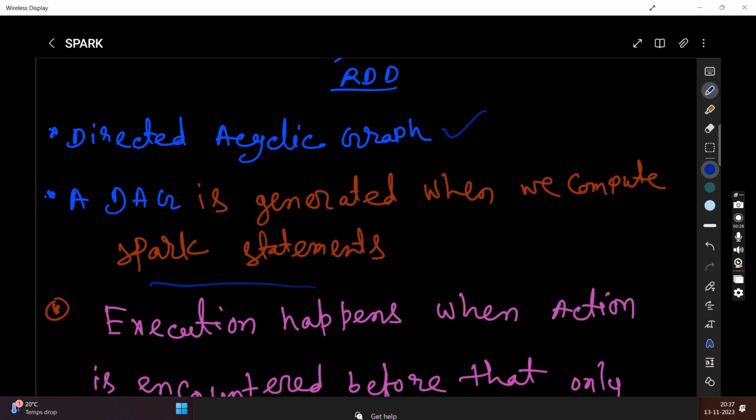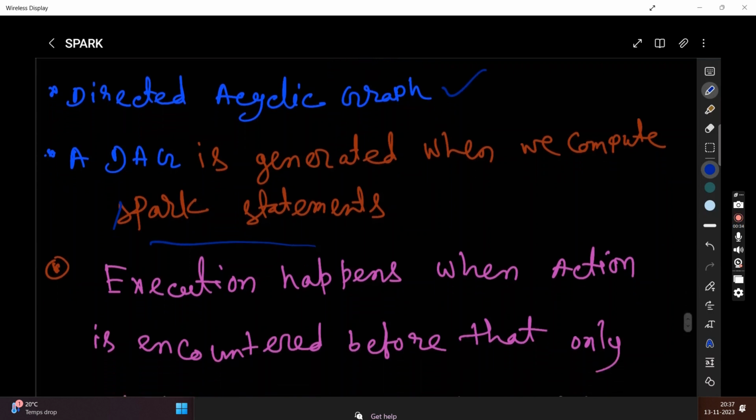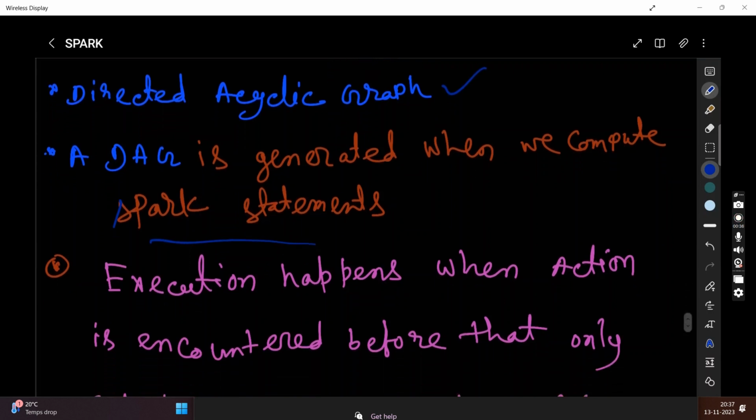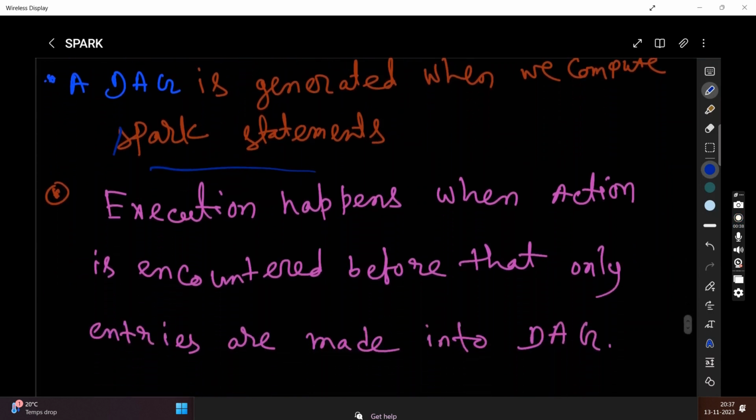When we are computing Spark statements, meaning Spark transformations, Spark code, execution happens, this line you should remember, only when an action is encountered. Before that, only entries are made into the DAG.